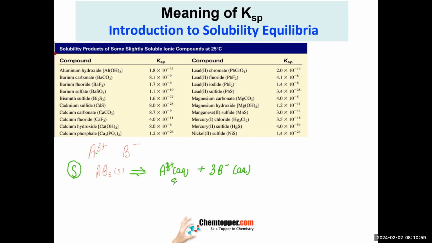S. And how much B-? 3S. What's the Ksp expression here? The concentration of A3+ times the concentration of B- raised to power 3. So plug in these values. What will it be?